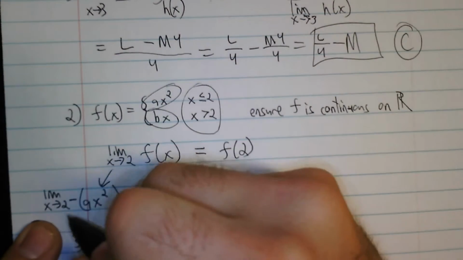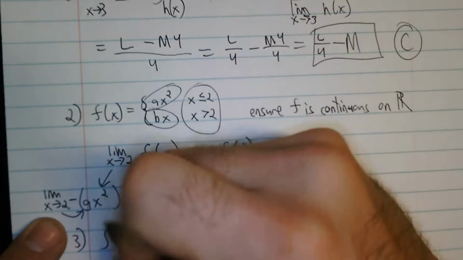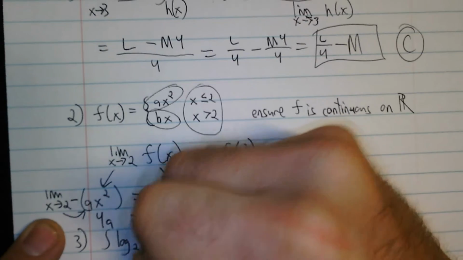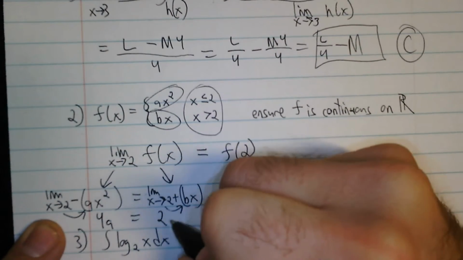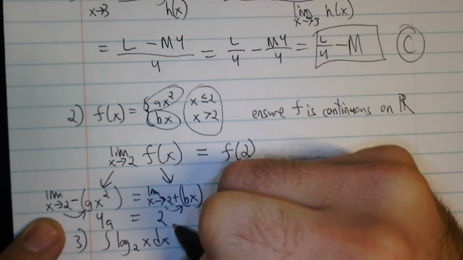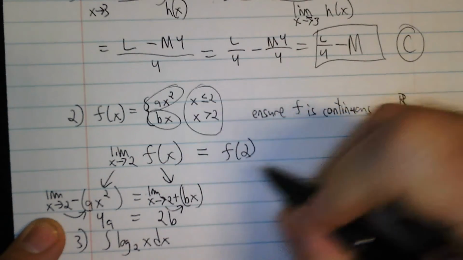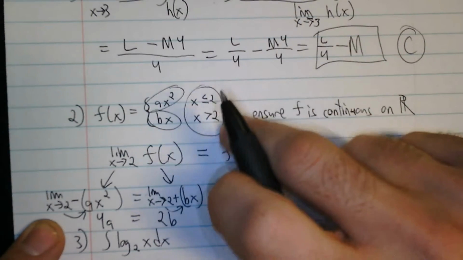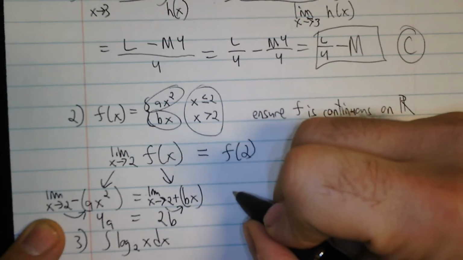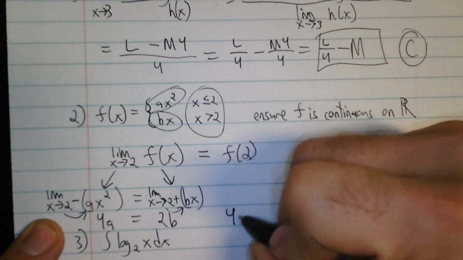So let's take this limit. Plug and chug, and what do you get? You get 4a. Take this limit right here, plug and chug, and you get 2b. And then if you plug in 2, which piece can you plug 2 into, top or bottom? Top. So that's going to be, again, 4a.